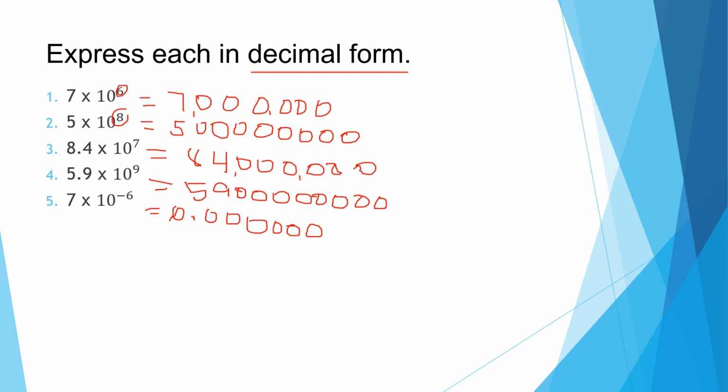So, kailangan natin siyang bawasan ng isa. Okay? Bakit? Yung huling number is intended for 7. This is intended for 7.